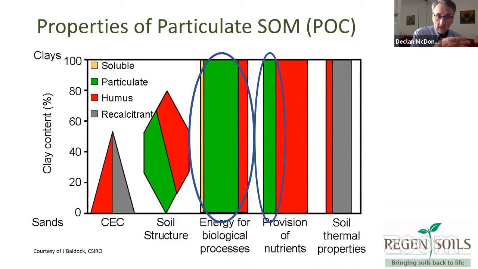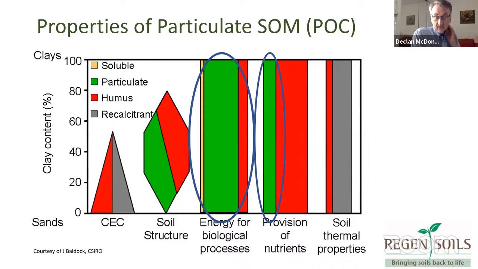But the green of the particulate carbon shows that it is significant in soil structure, but it's particularly significant in terms of energy for biological processes. So that's because this is a less protected form of organic matter. It's more freely available to soil microbes, so they're well adapted to get stuck into this and to extract maximum energy from it.